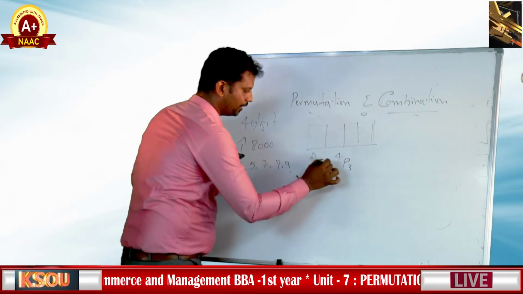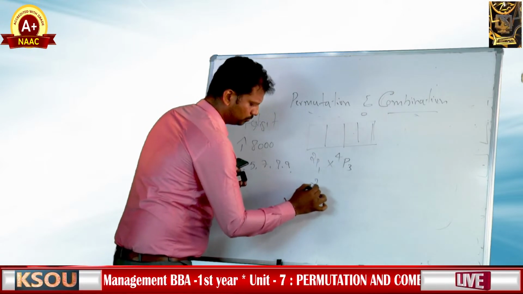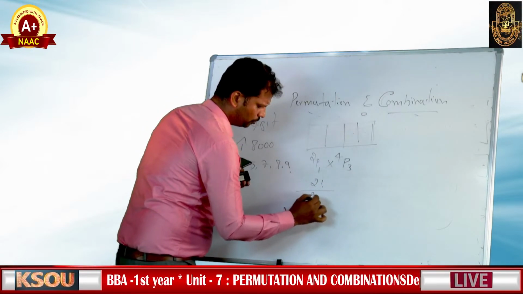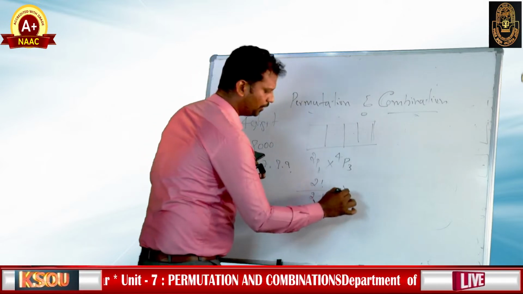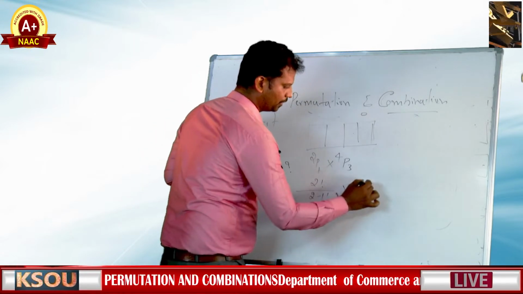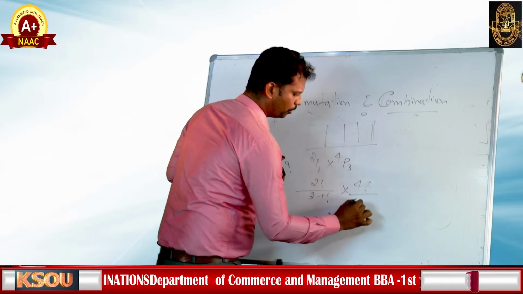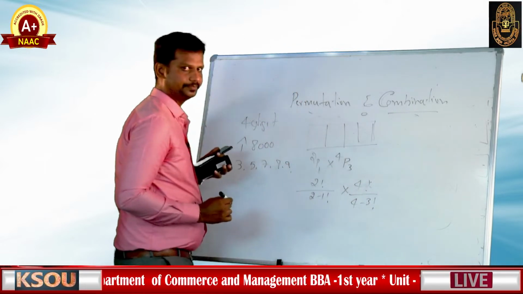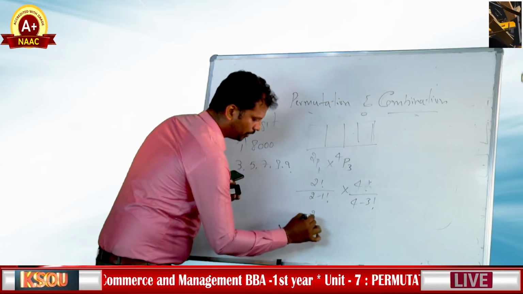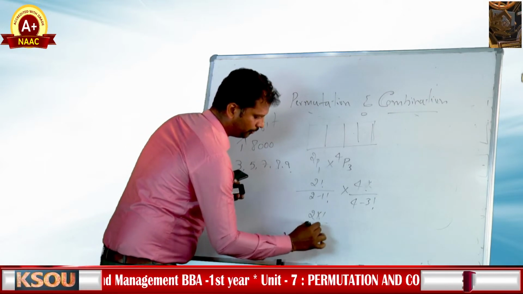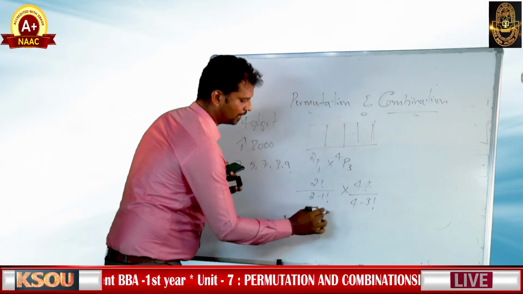So we can write 2 factorial divided by 2 minus 1 factorial, into 4 factorial divided by 4 minus 3 factorial. 2 factorial divided by 1 factorial, the 2 cancels.